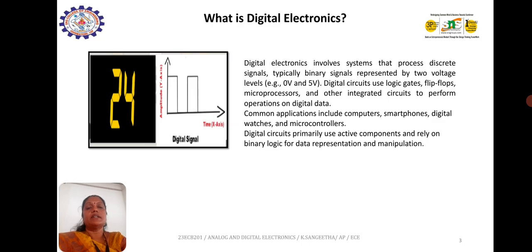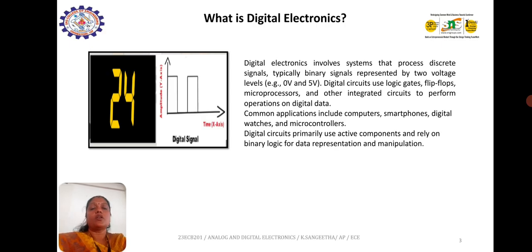And next one is digital electronics. Digital electronics deals with discrete signals, that is 0 and 1. That is 0 volt or 5 volt. 0 volt is represented as 0 and 5 volt is represented as 1 in digital electronics.